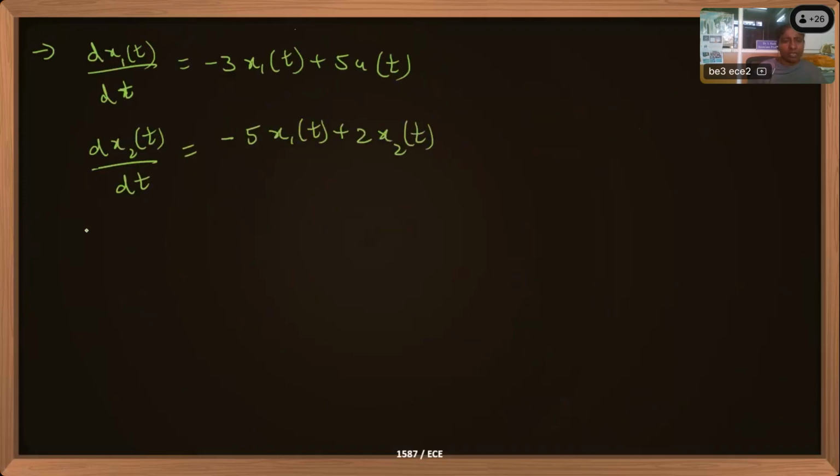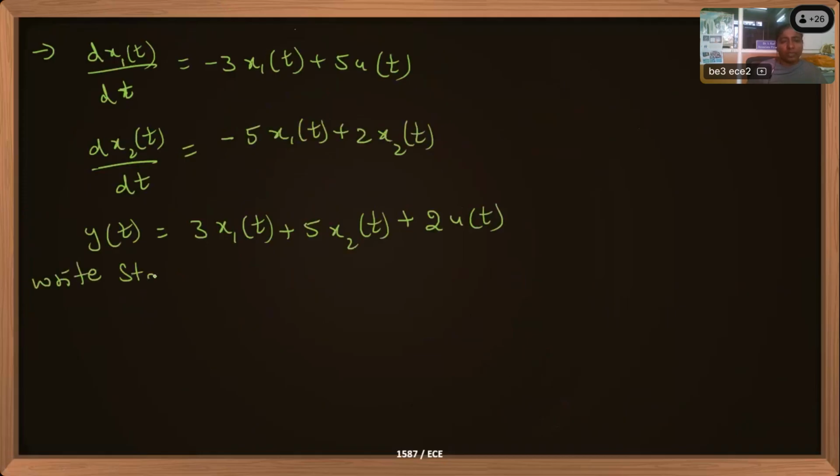Then y of t equal to 3 times x1 of t plus 5 times x2 of t plus 2 times u of t. These are the equations given. Write the state model.